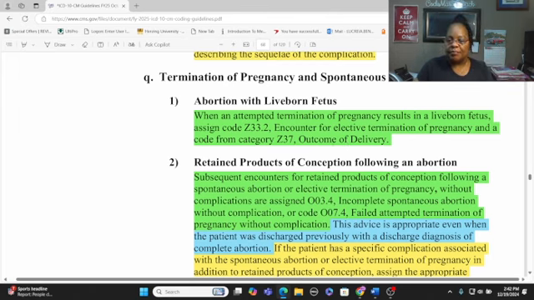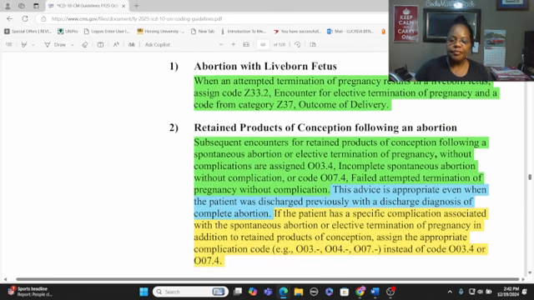Did she have twins, triplets, one stillbirth, one newborn? What was the outcome? Number 2, retained products of conception following an abortion. Subsequent encounters, that's not the initial, but the subsequent encounters for retained products of conception following a spontaneous abortion or elective termination of pregnancy without complications are assigned O03.4, incomplete spontaneous abortion without complication, or code O07.4, failed attempted termination of pregnancy without complication.